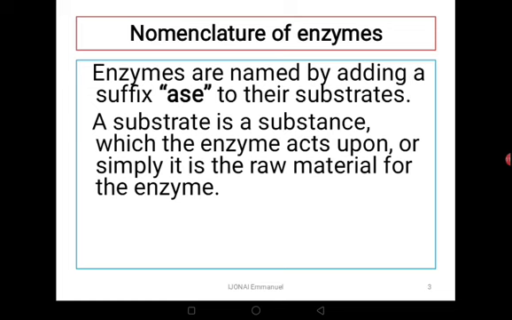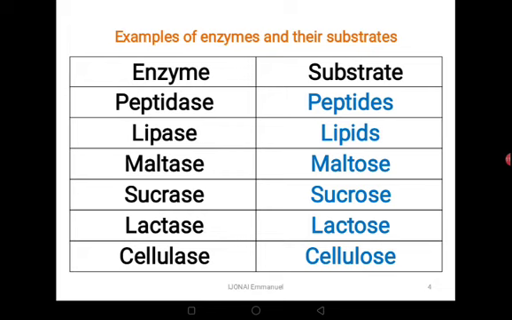For example, we have some of the enzymes here and their substrates. We have the substrate peptides, and the enzyme is peptidase. Yes, peptides are protein molecules. Then we have substrate lipids, and the enzyme is lipase. Then maltose, the enzyme is maltase. Sucrose, the enzyme is sucrase. Substrate lactose, and the enzyme is lactase. Substrate cellulose, the enzyme is cellulase.